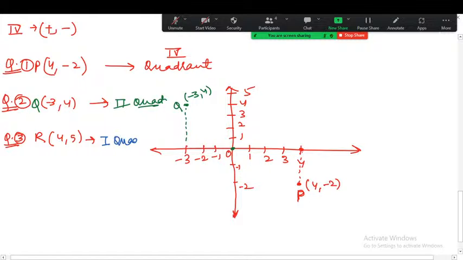First we will move towards the right of the x-axis, 4 units towards the right up to this. Then we will move 5 units parallel to the y-axis, and here we have the point 4 comma 5, that is R.